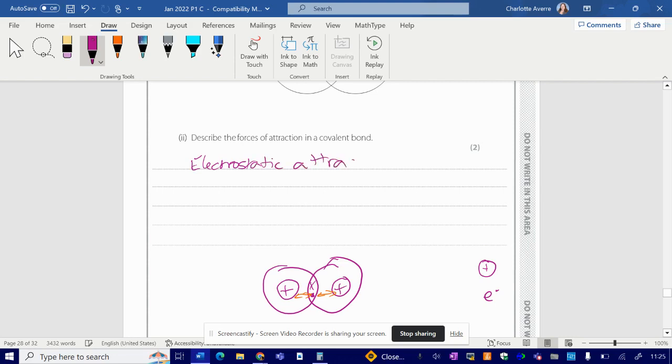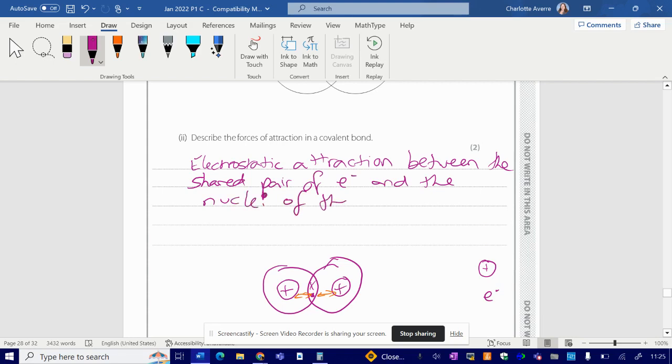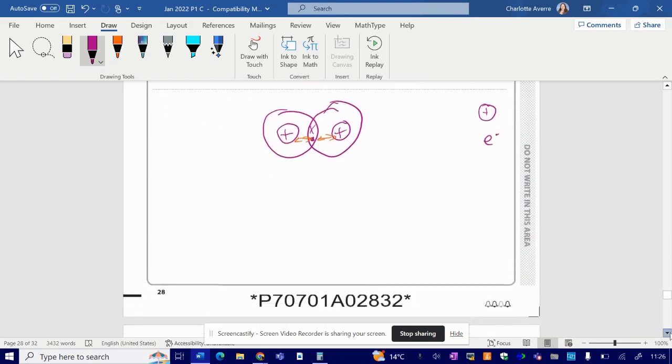So we're looking at the electrostatic attraction between the shared pair of electrons and the nuclei, because there are two of them, of the atoms. That's what a covalent bond is. Those are the attractions present. The attraction between the negative shared pair of electrons and the positive nuclei.